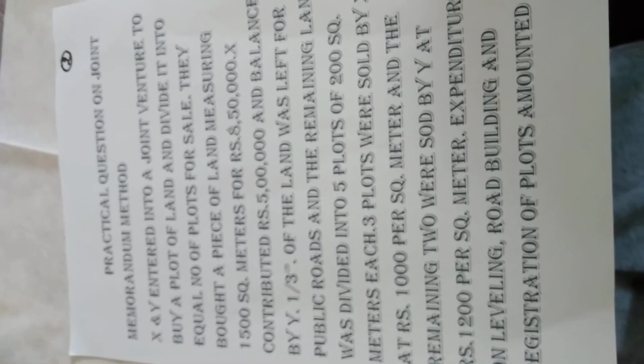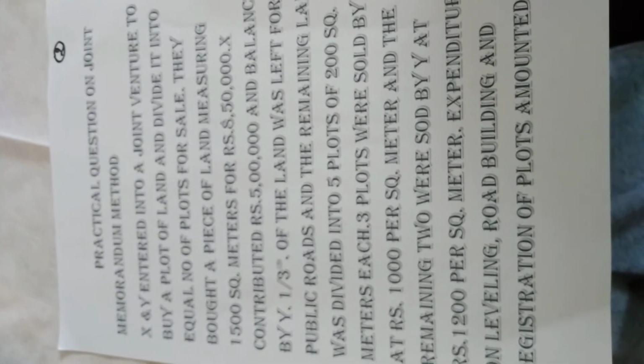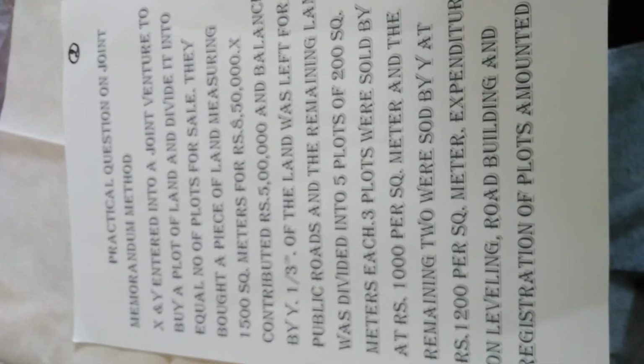X contributed ₹5 lakh and the balance by Y. 1/3 of the land was left for public roads and the remaining land was divided into 5 plots of 200 square meters each. 3 plots were sold at ₹1,000 per square meter by X and the remaining 2 were sold by Y at ₹1,200 per square meter.